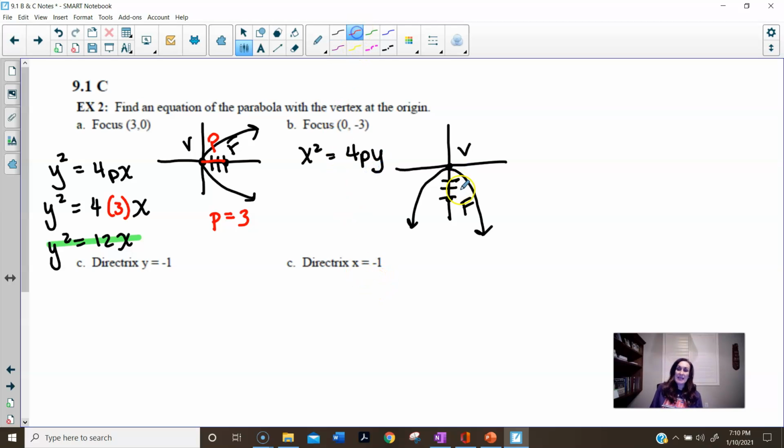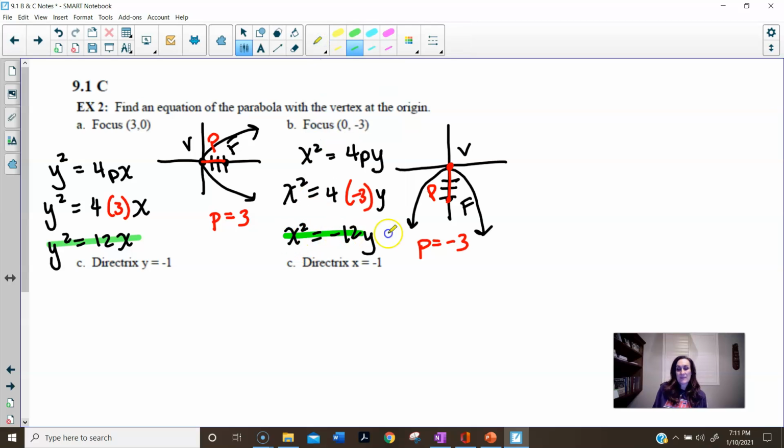Now, p is the distance from the vertex to the focus. So that is p. And we went 3 units, but it's directed, which means we went 3 units down. And so therefore, p is -3. Take -3, plug it in for p, you get x² equals 4 times -3y. And so the equation is x² = -12y. And that's the equation when the focus is (0, -3).